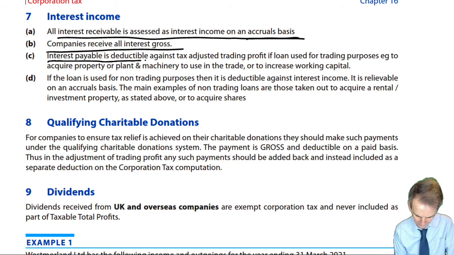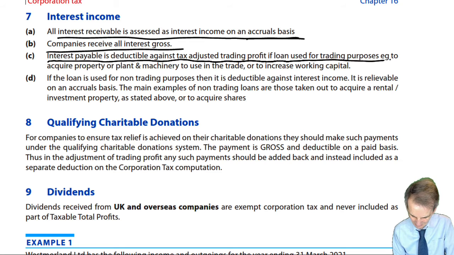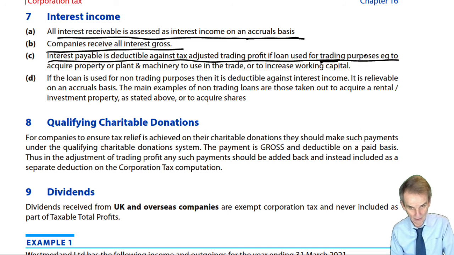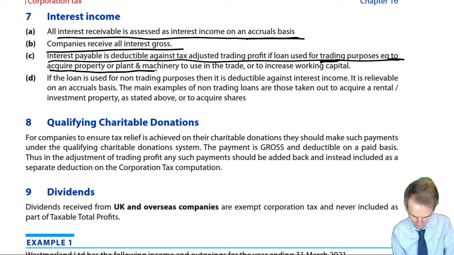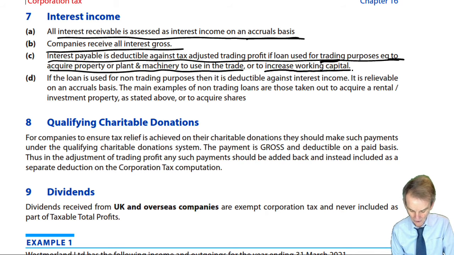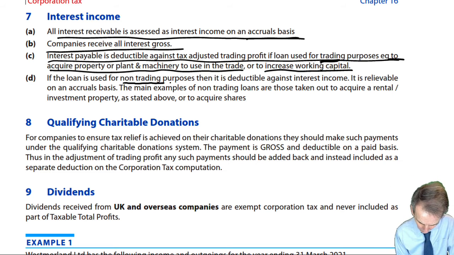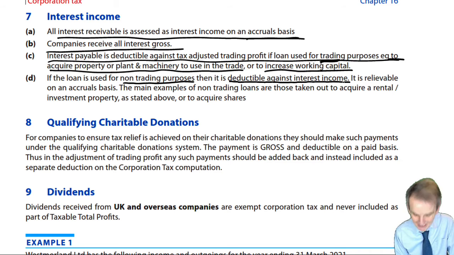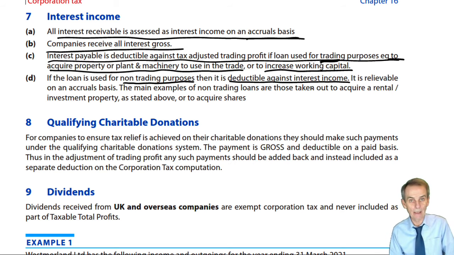Interest payable is deductible against tax adjusted trading profit if the loan is used for trading purposes, as we said, for example, to acquire property or plant and machinery to use within the trade, or to increase working capital. If the loan is used for non-trading purposes, then it is deductible, yes, but against interest income, not against trading income, not against property income, but against interest income.